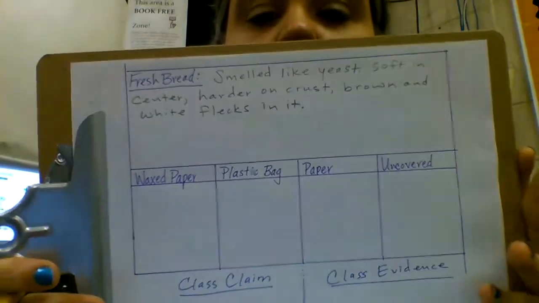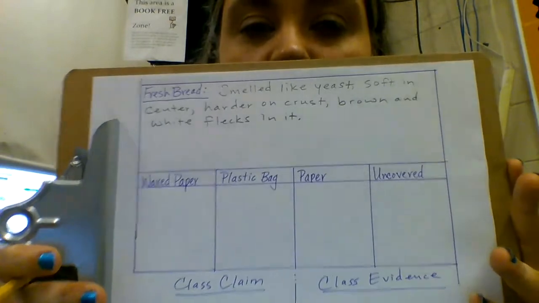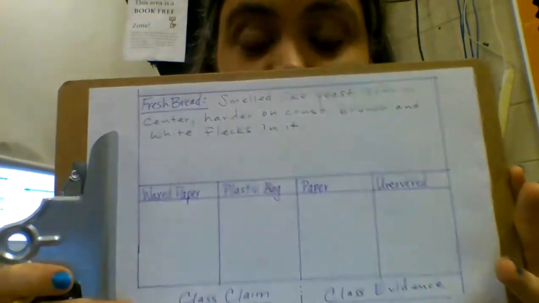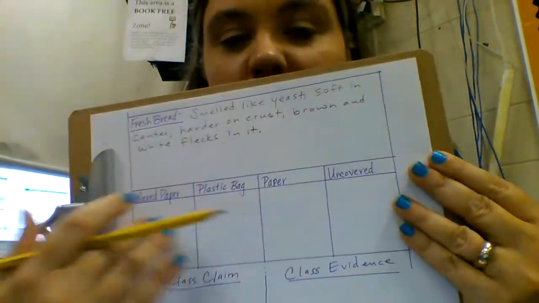So we're going to fill out our chart, and I'm going to share what your classmates here at school found in their observations. Turn to that page, and I'm going to start with the wax paper one. You unwrap it and look at the piece of bread.